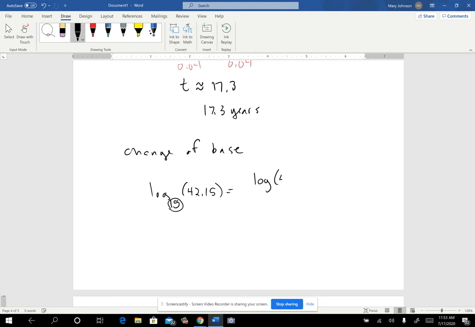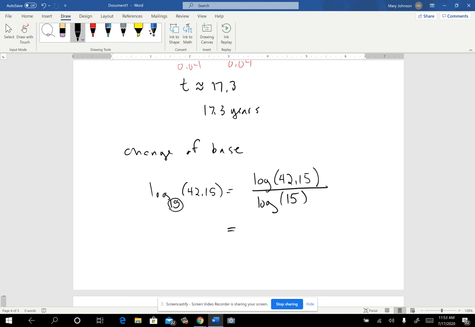What you can do is the log of the 42.15 and divide that by the log of 15. You could then, and it would work, by the way, to do ln of 42.15 over ln of 15.